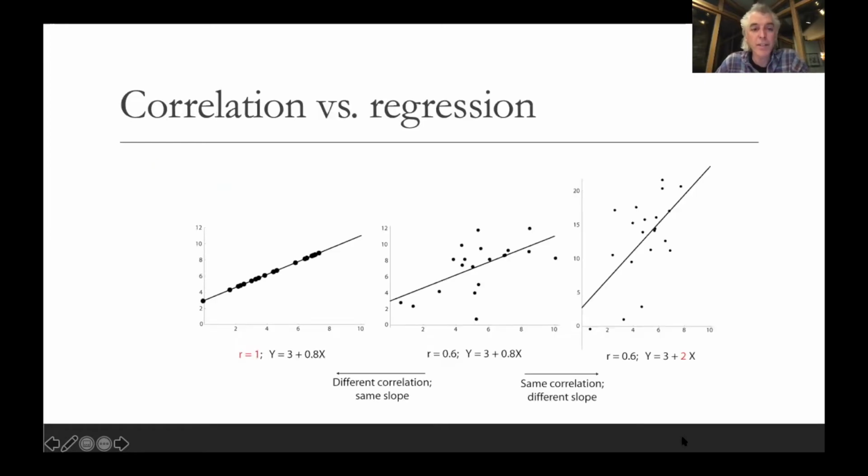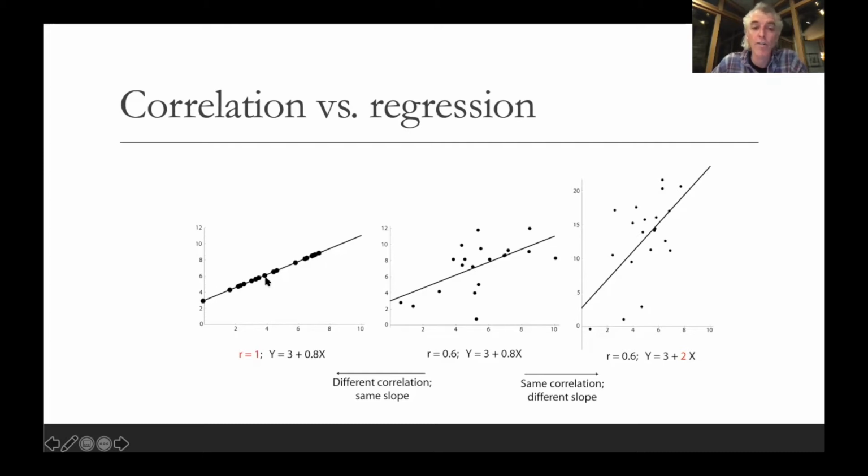So what is the difference then between correlation and regression? Well, if you look at these two plots on the left, they have the exact same regression slope, meaning the slope of both of these relationships is equal to 0.8. But the plot on the left has a much higher correlation than the plot on the right. That is, there's a perfect correlation.